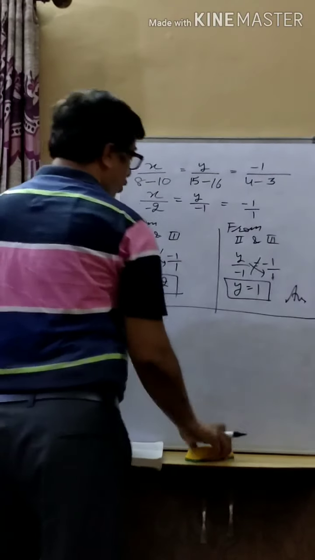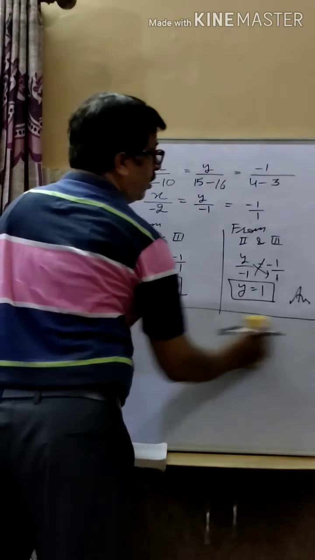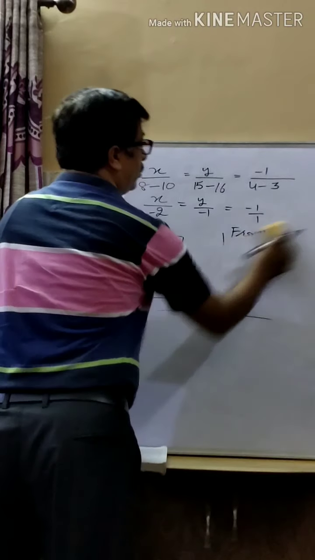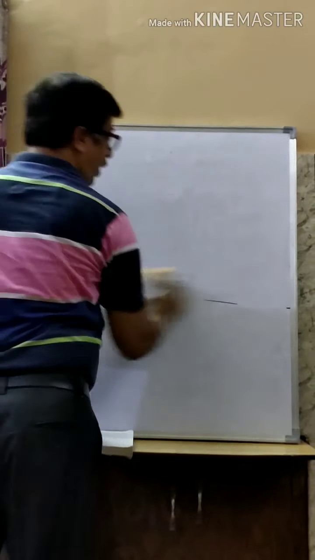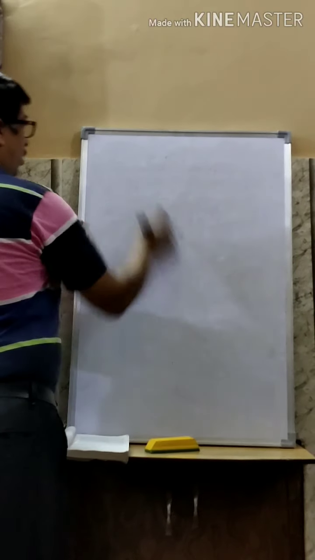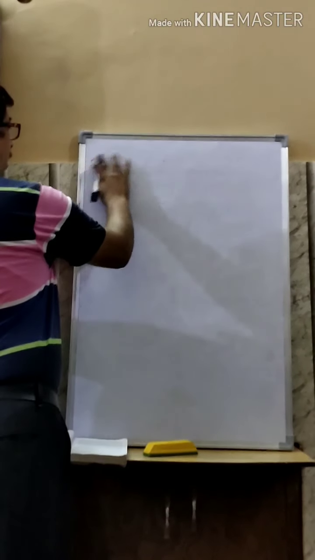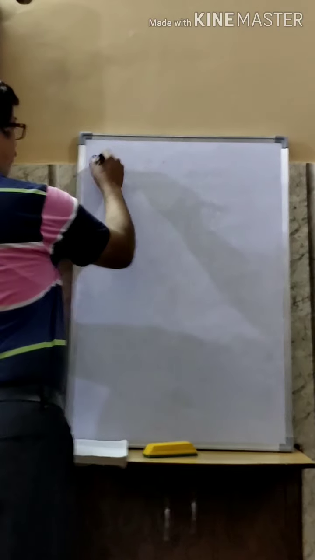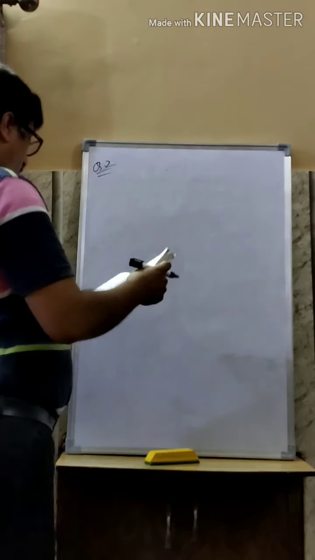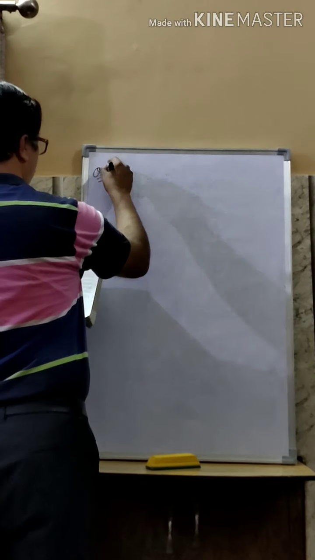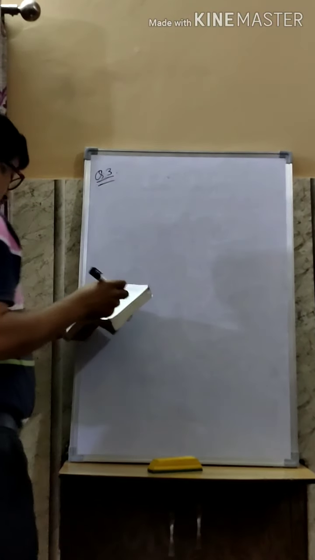Understand? So now one more question, in the exam any question they can give. If I am giving any question, just like this simple one, we solve this, or you can say this third question also. Now do practice with me.